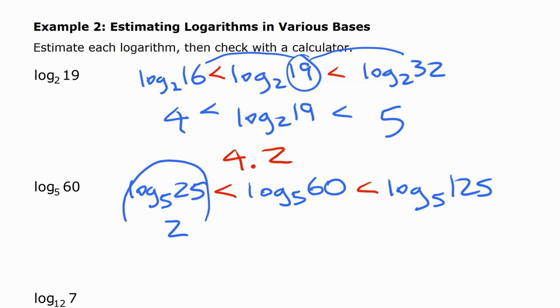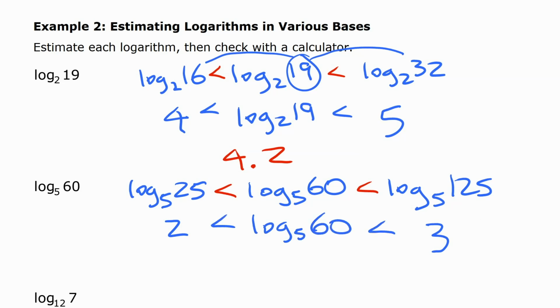We know that log base 5 of 25 is 2, and we know that log base 5 of 125 is 3, since 5 to the 3rd power is 125. So then this has to be in between those two things. And so we can say the value we're looking for is between 2 and 3. And again, we can try and pin down what it is, but at the very least, we need to know it's 2 point something since it's between 2 and 3.